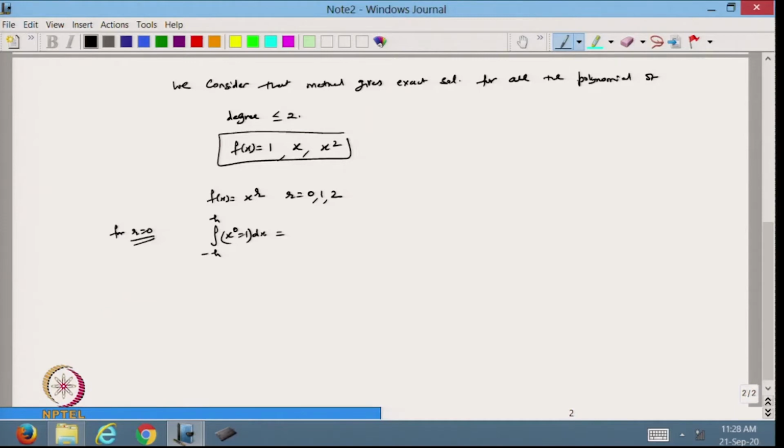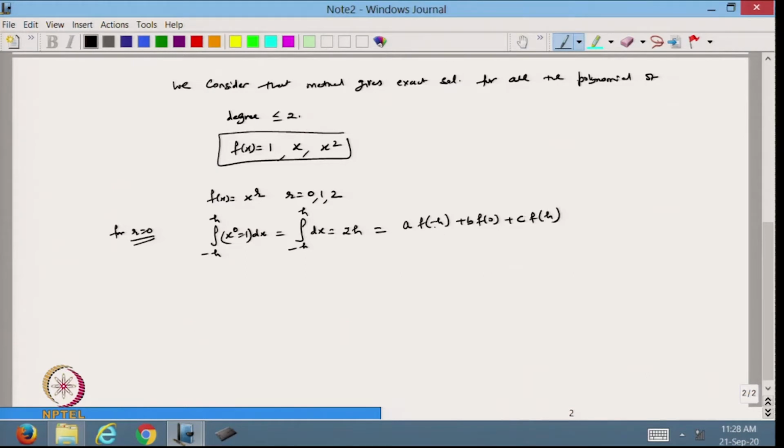This is just the integration from minus h to h of dx, which is equal to 2h. It is given that this is equal to a f(-h) plus b f(0) plus c f(h).